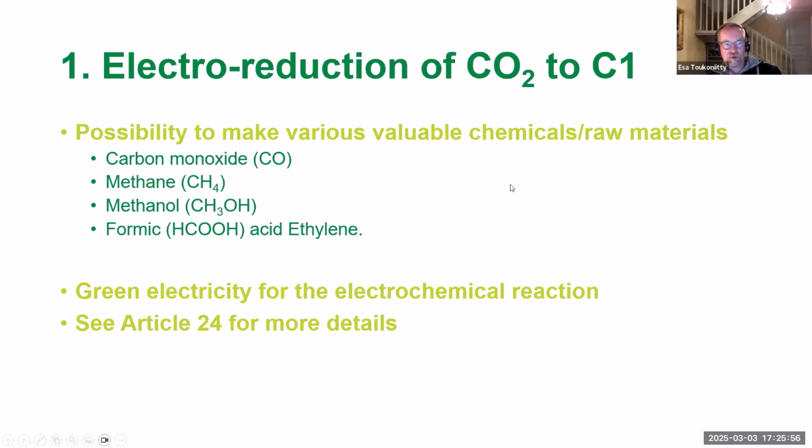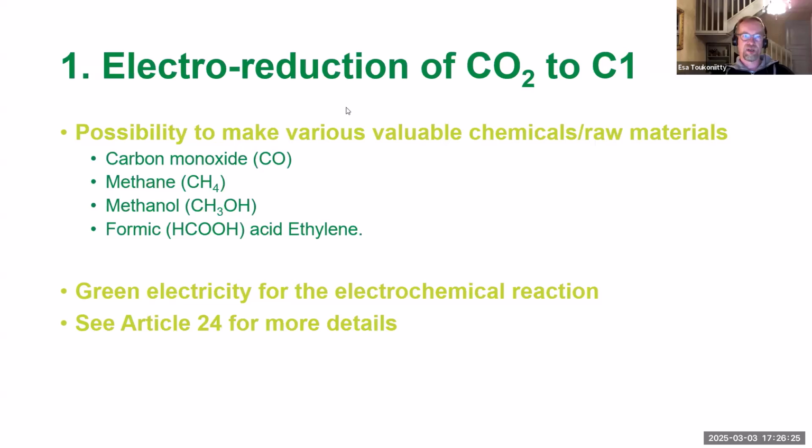So, electro reduction. Here are some examples. You can produce carbon monoxide. The starting material is carbon dioxide, a very stable molecule, as you know. It's an end product from a combustion or oxidation process where carbon has been oxidized to its most oxidized state. So it's very stable and difficult to convert into something else.